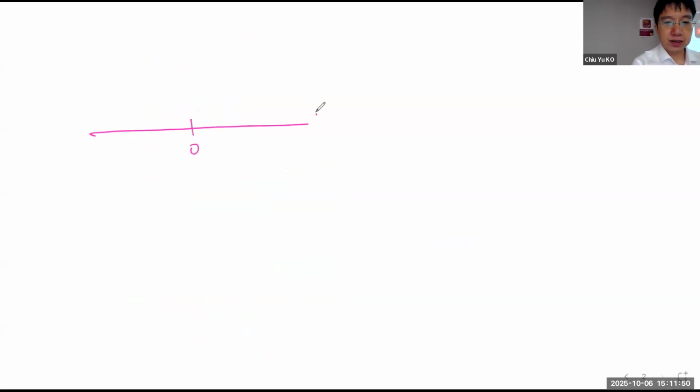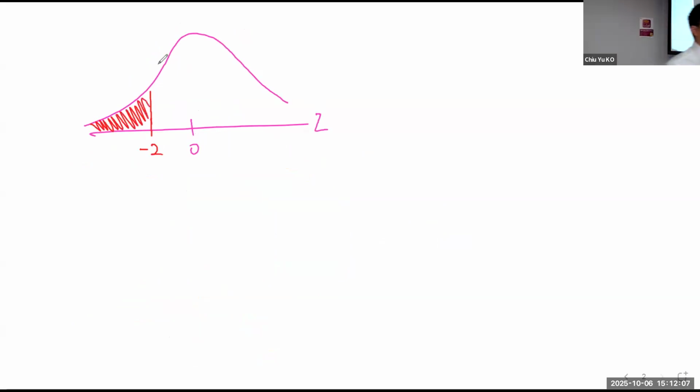0 is here. This is Z. It's a bell curve. The F is a function. So suppose I want to figure out this, say it's negative 2. I want to have this area. This is available from the table. And now suppose I only know the negative. What happens if I want to know this?